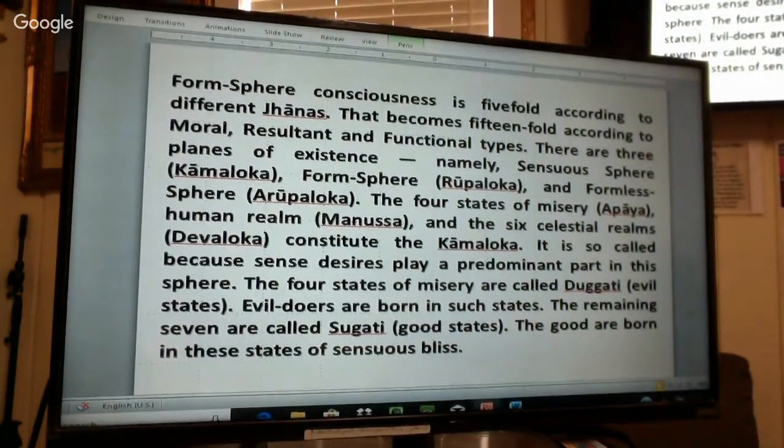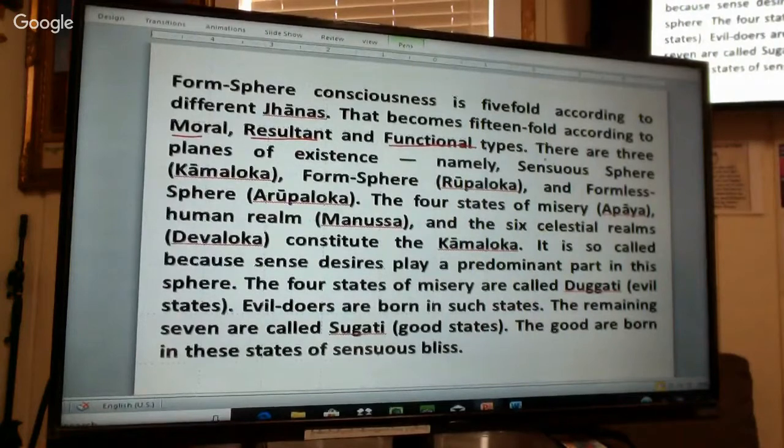So there are three groups: wholesome mind, resultant mind, and functional mind. Each group has 5 jhanas, so altogether 15, according to the wholesome kusala, resultant vipaka, and functional kiriya types.